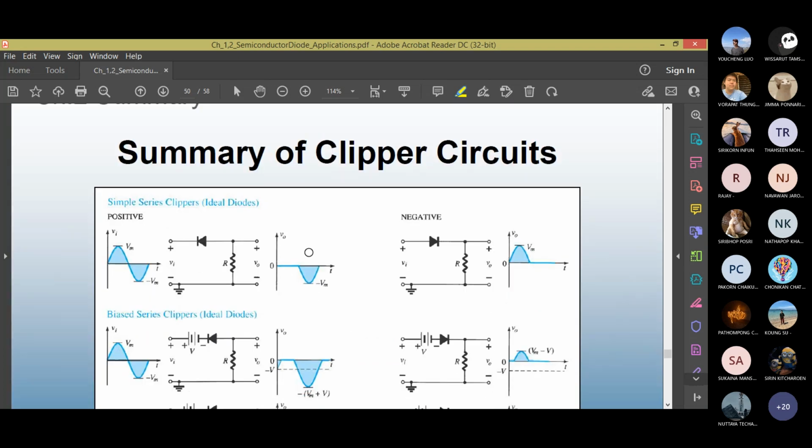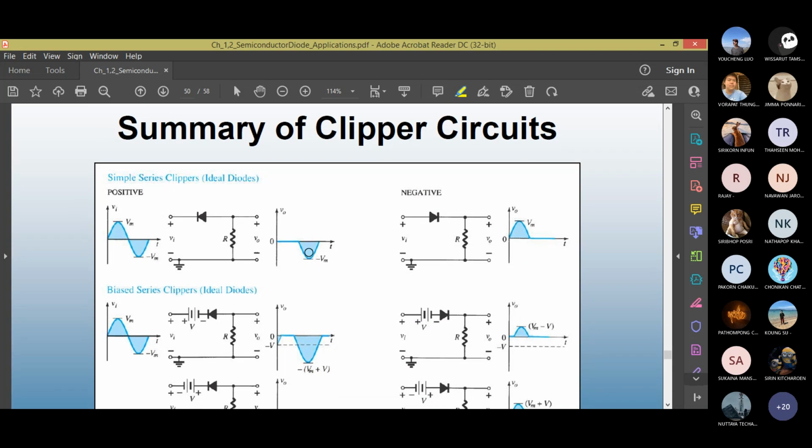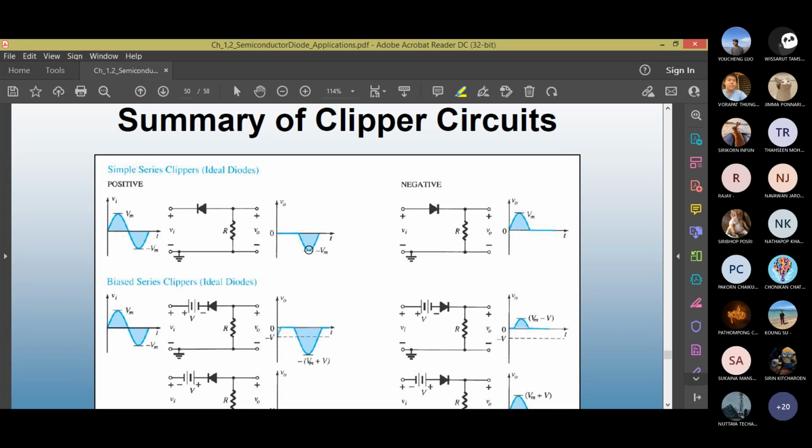Let me see if I can show you an example. Okay, this is in your textbook. It is giving you a summary of clipper circuits. What is the general waveform? What does it look like? Simple series clipper with ideal diode. If you have a diode like this, you can see positive half peak, it is off, negative half peak, it is showing you negative Vm.